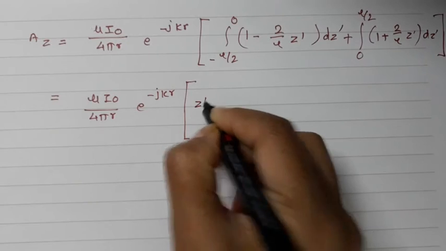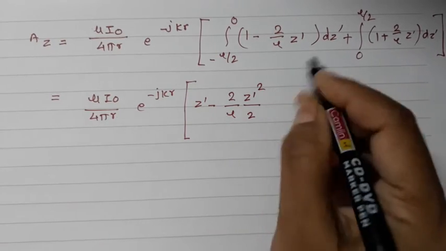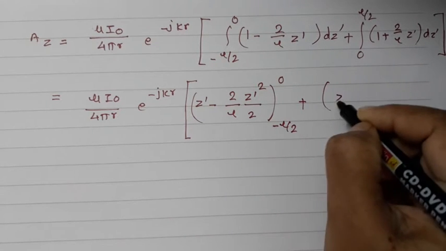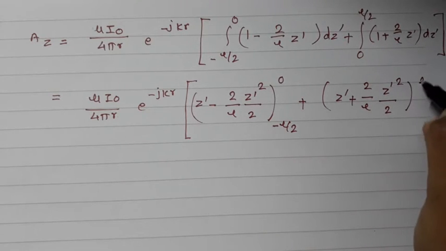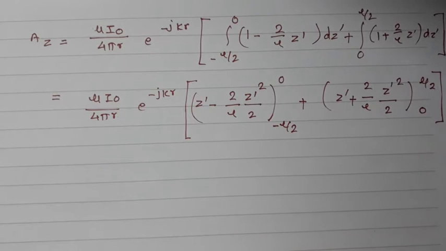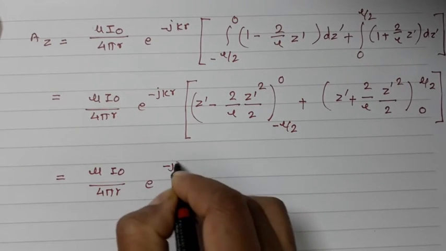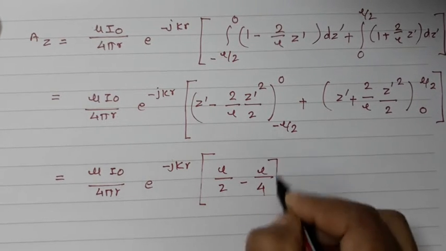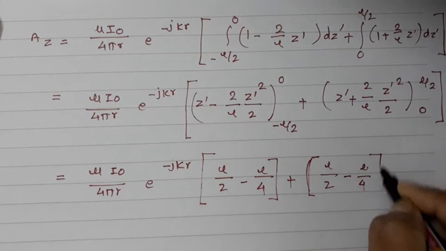Take the limits here: z dash minus (2 by L) z dash squared by 2 from minus L by 2 to 0, plus z dash plus (2 by L) z dash squared by 2 from 0 to L by 2. When you solve this particular equation further, you will get mu I0 by 4 pi r e raised to minus jkr times (L by 2 minus L by 4 plus L by 2 minus L by 4).